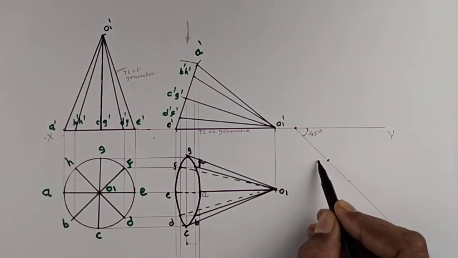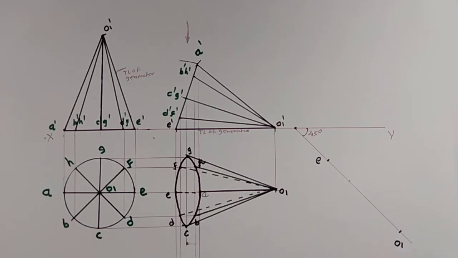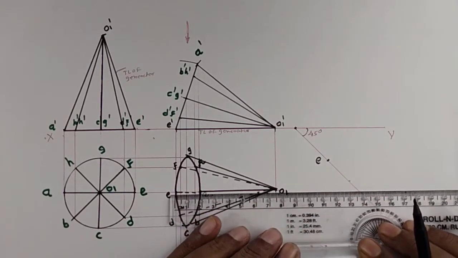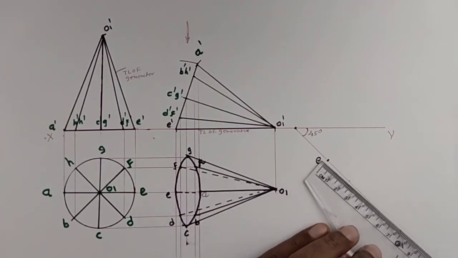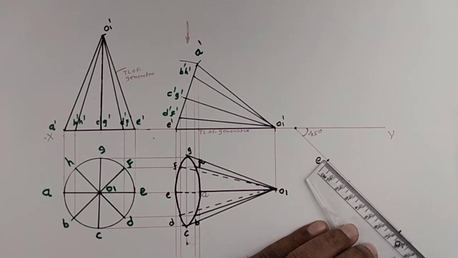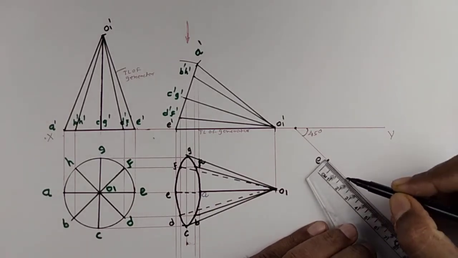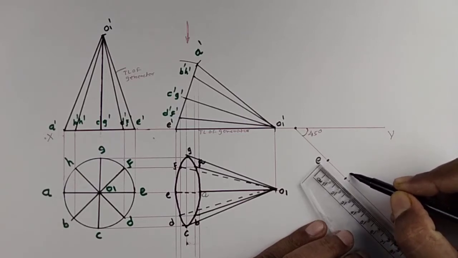So it is my E point. Now I measure the E to A distance on same axis. I mark the A point.